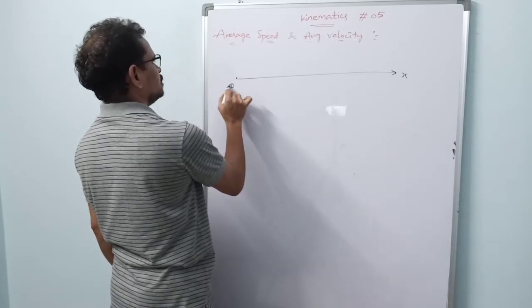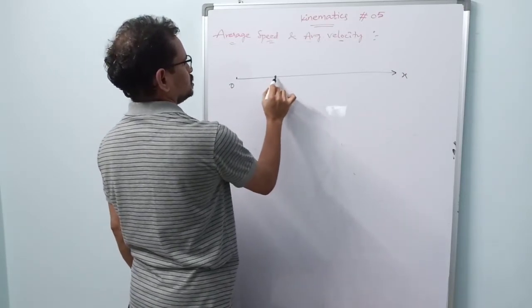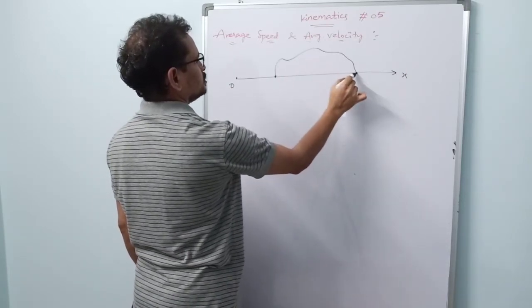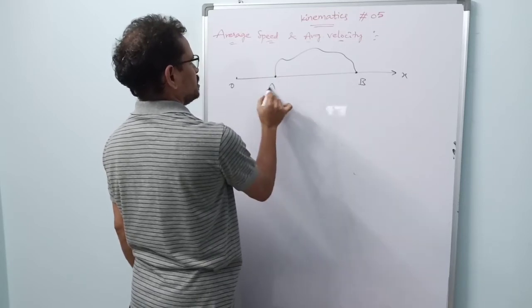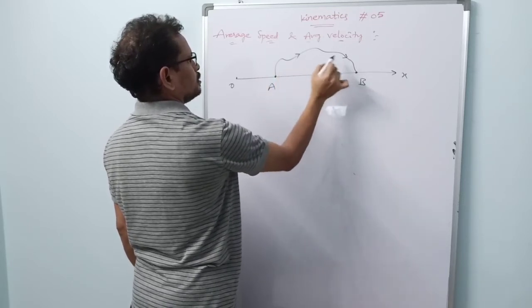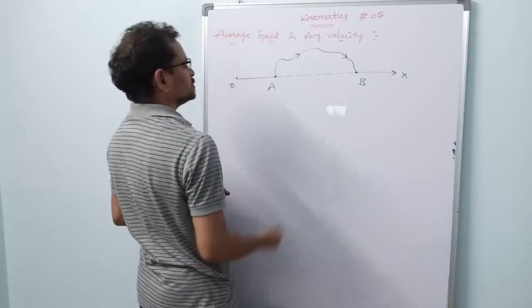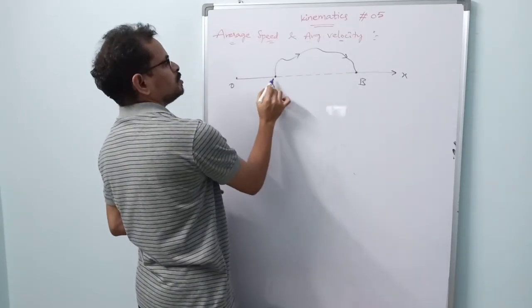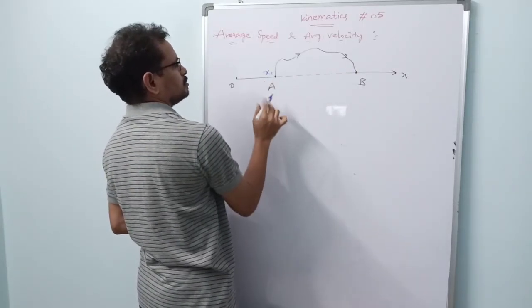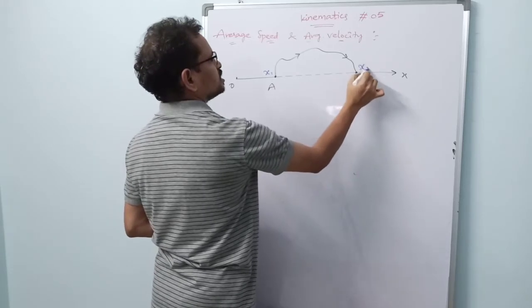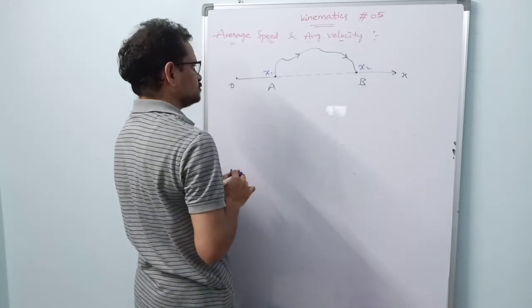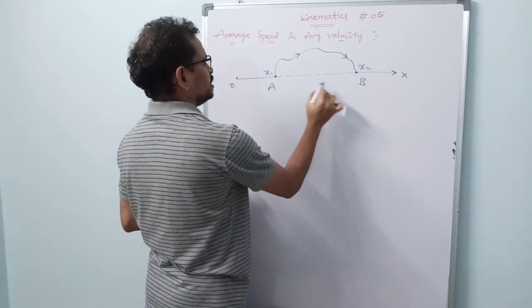Take the x-axis, origin, this is A to B like this, this is B, this is A. Since it is the x-axis, let us suppose that this position is x1 and this position is x2, and the time taken for this journey from A to B is some t seconds.